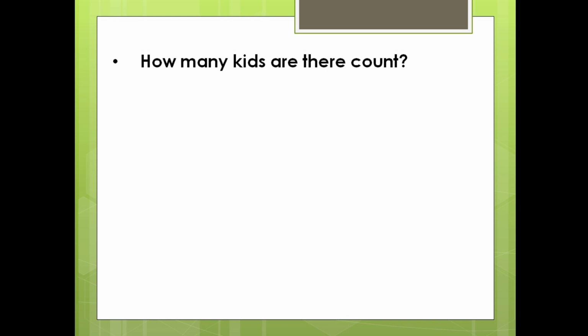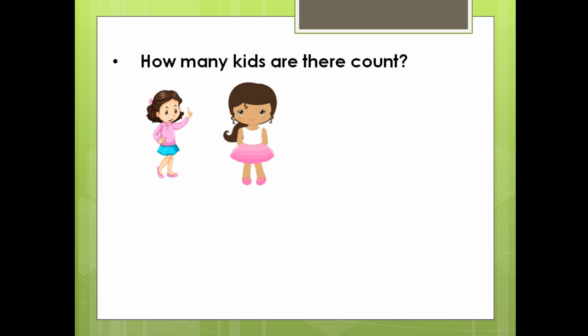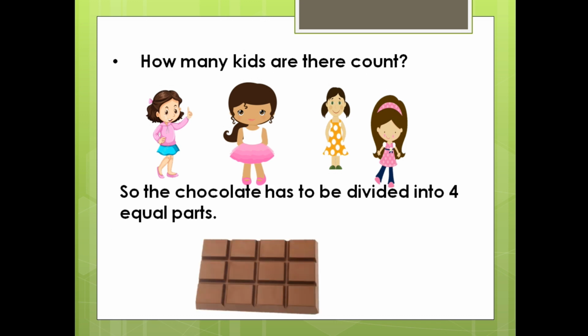Now, how many kids are there? Count. 1, 2, 3, 4. So, how many kids are there? 4 kids are there. So, the chocolate has to be divided into how many parts? 4 kids are there. So, 4 equal parts. So let's see how we can divide it.